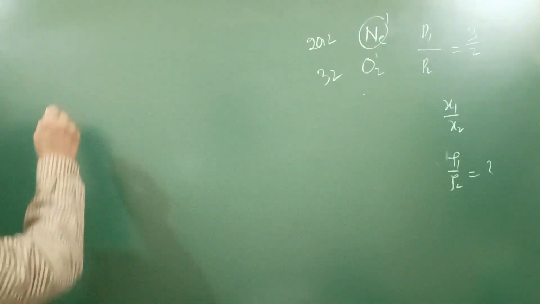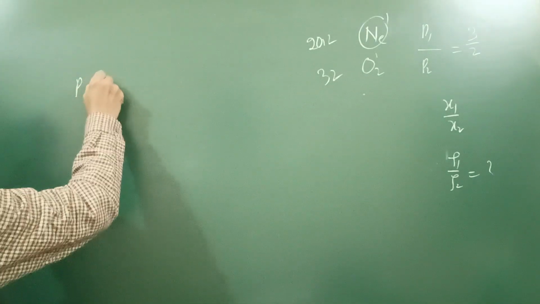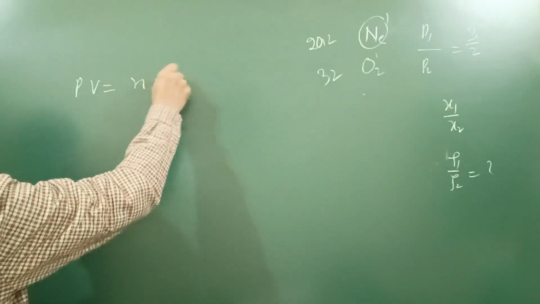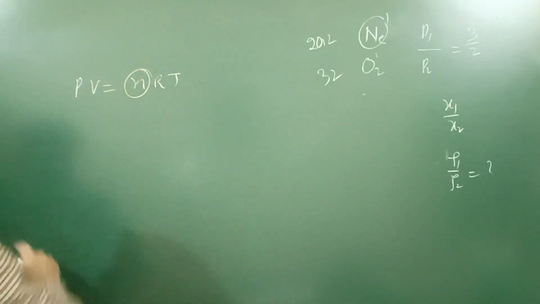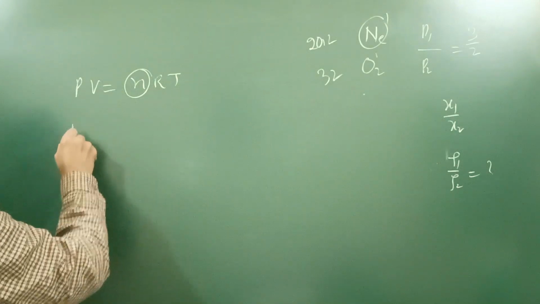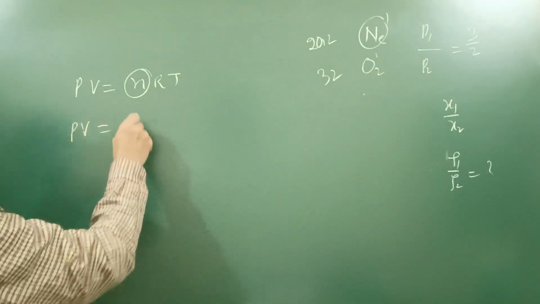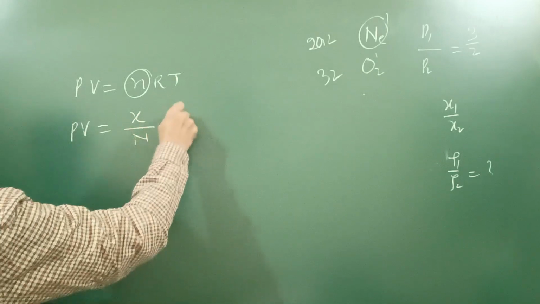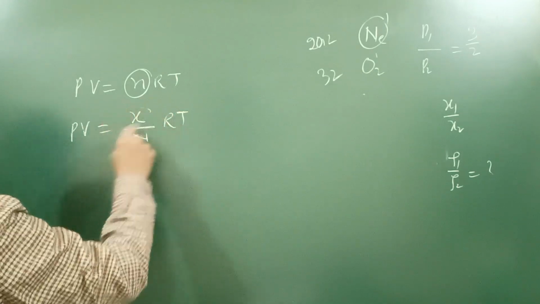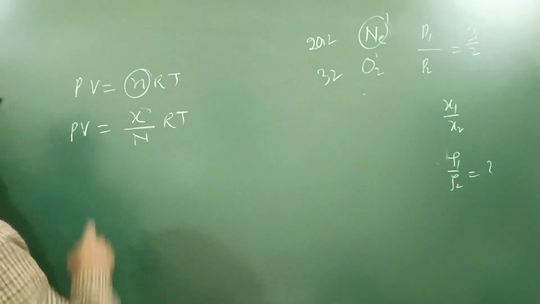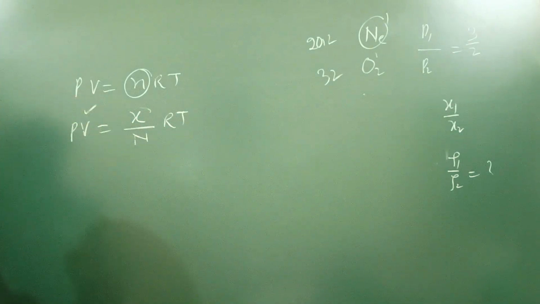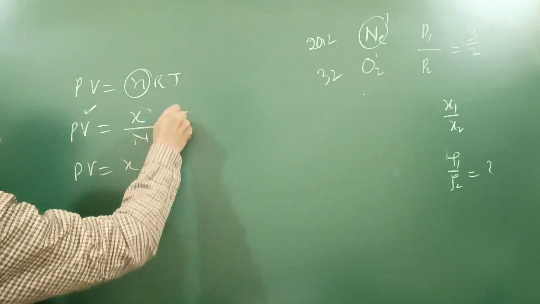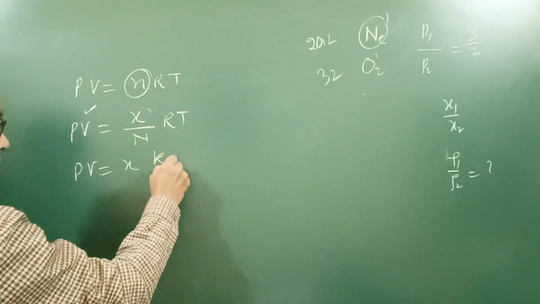So we know PV is equal to nRT, and the number of moles n can also be written as X upon capital N, so PV equals X upon N times RT, where X is the number of molecules in volume V, or you can write PV equal to X kB T.